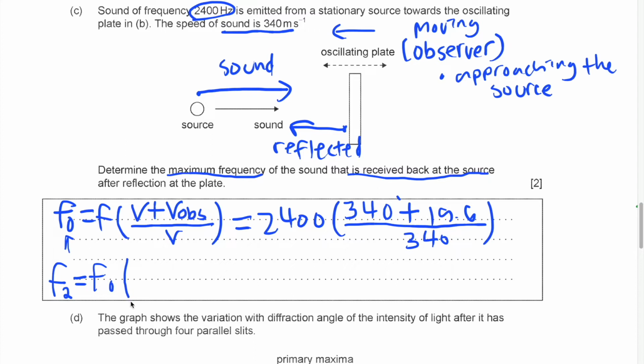When it is reflected, the plate is going to be the moving source, whereas here is going to be a stationary observer. So make sure you understand the switch here. Stationary observer.